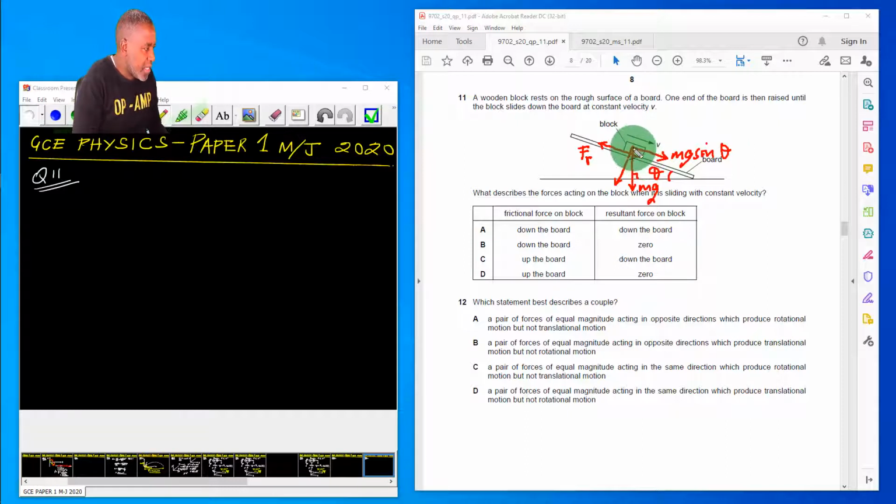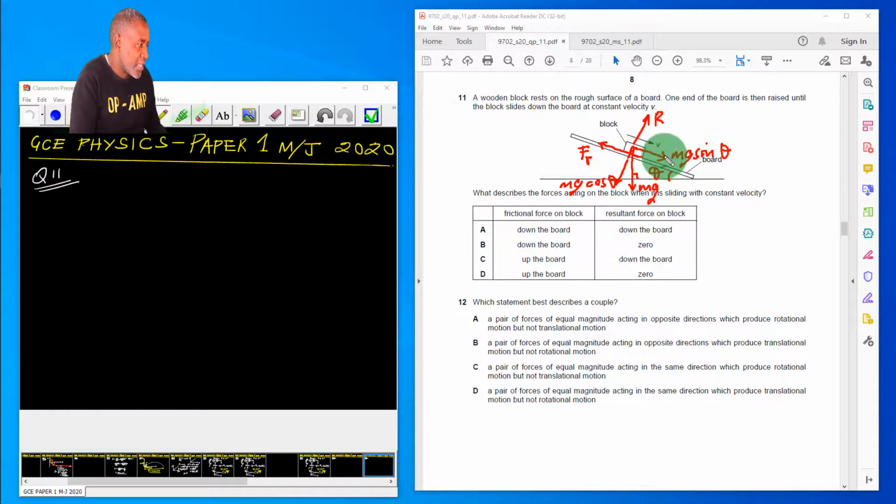There will be this force where the board exerts a force on the block perpendicular to the incline. It is actually opposite this one, and we call it the normal component of the contact force. This, we have just said, is mg cos theta, like that. Those are the forces which are acting.